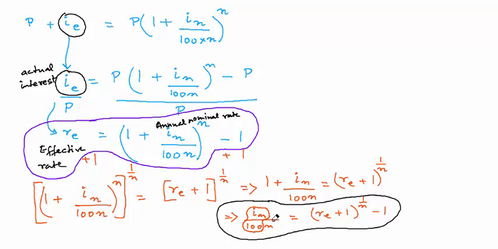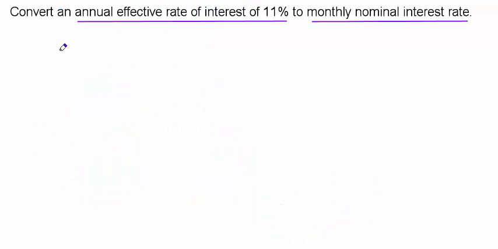So that our answer is going to be RE plus 1 raised to the 1 over 12 minus 1. And that will give you a decimal answer for the interest. If you want to change it to a percentage, just multiply that with 100. Let's go. So IN over 100n is equal to RE plus 1 raised to the 1 over 12 minus 1.